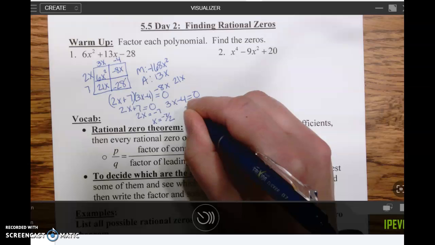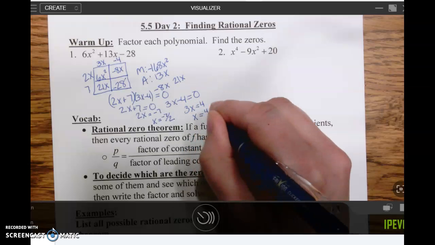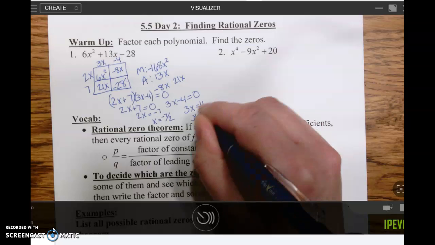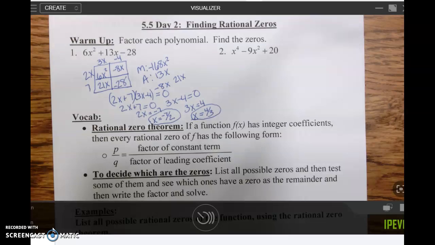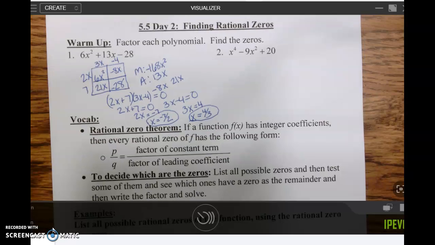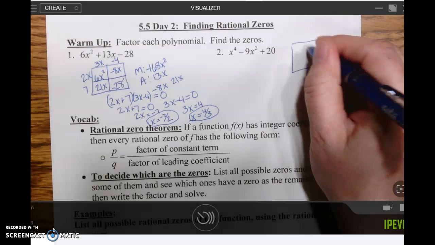Here we're going to add the 4, so 3x is equal to 4. And when we divide by 3, we get 4 over 3. Alright, I got two solutions. I'm going to look back and see if that makes sense. The fundamental theorem of algebra tells me the power, tells me how many solutions I'm going to have, and so I have two solutions.